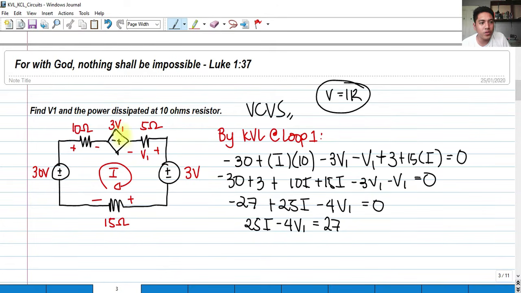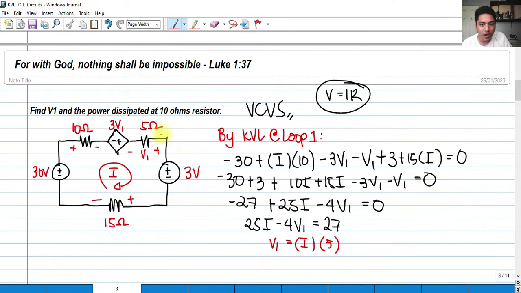So we are to solve for v1. But how can we solve that if we don't have the I? So let's see. Let's take note that V sub 1 is actually what? By Ohm's law, IR, that is equal to the current I multiplied by its resistance, 5 ohms.